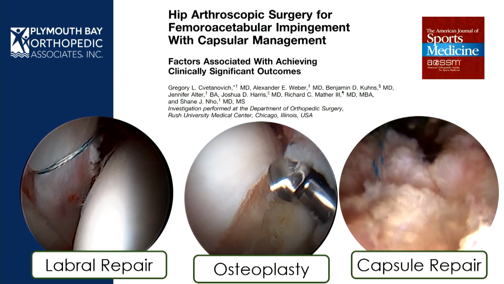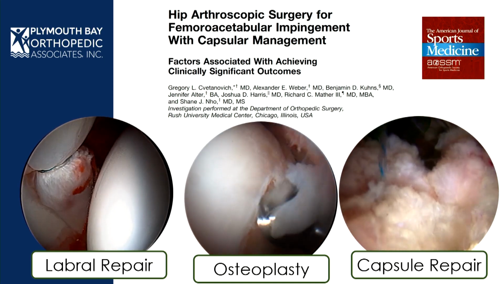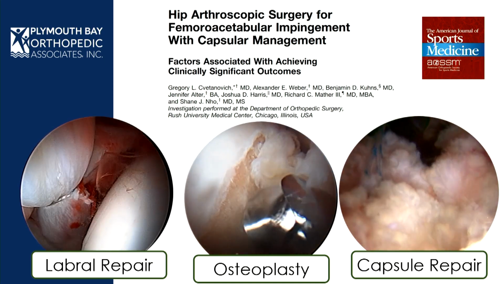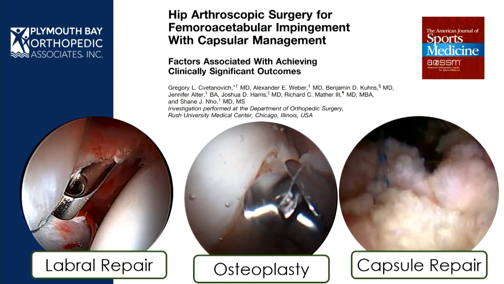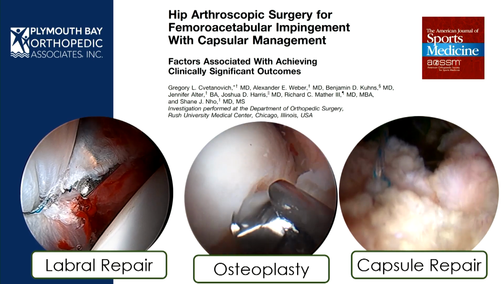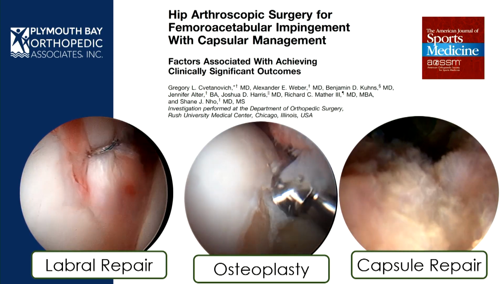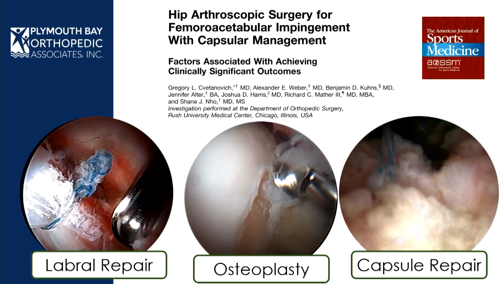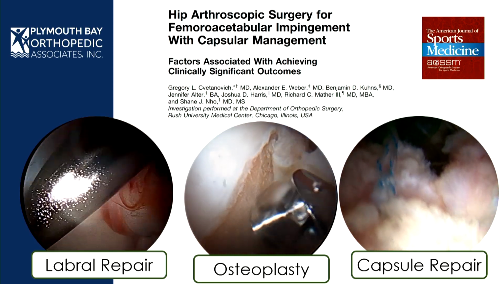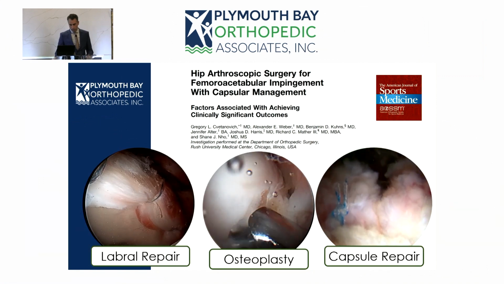You can do that in a mattress fashion or just all around the labrum. Biomechanically, the mattress configuration is better. However, clinically, I don't think it makes a big difference. You go around the clock, address the remainder of the labral tear, and debride the loose ends, and you can see what that looks like.